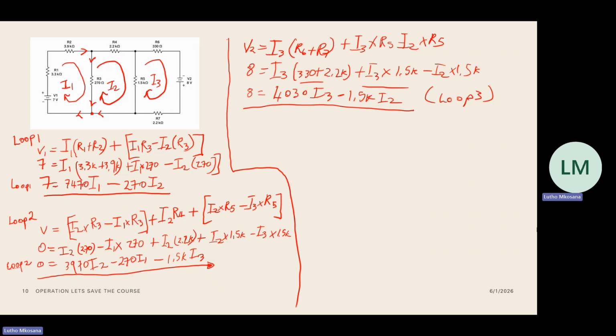So at this point, this is a maths problem now, not an engineering equation. So at this point, you can either do your simultaneous equations, or you could do matrices to solve this, because these are three equations. You can do your matrix in this way.